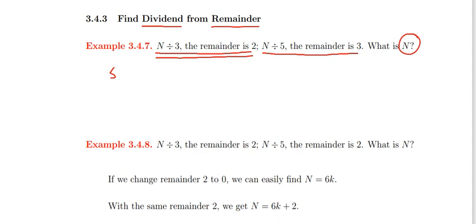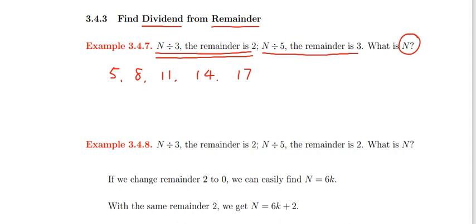First number is 5, right? 5, then plus 3, 8, and plus 3, 11. Just plus 3, plus 3, 14, plus 3, 17. So those numbers divided by 3, remainder is 2.